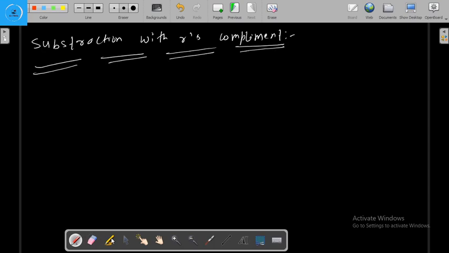So there again there will be the two numbers, M minus N. First we are going to write the steps.